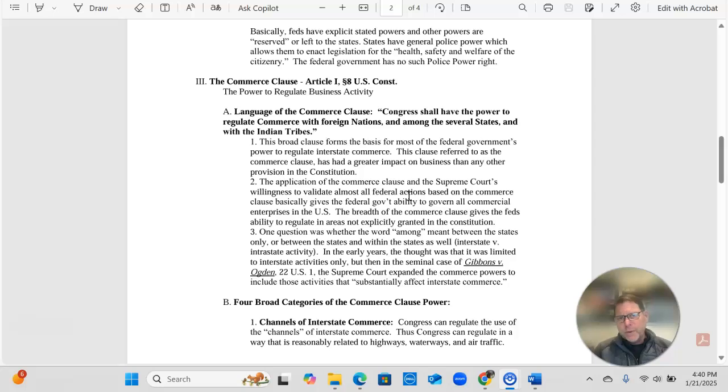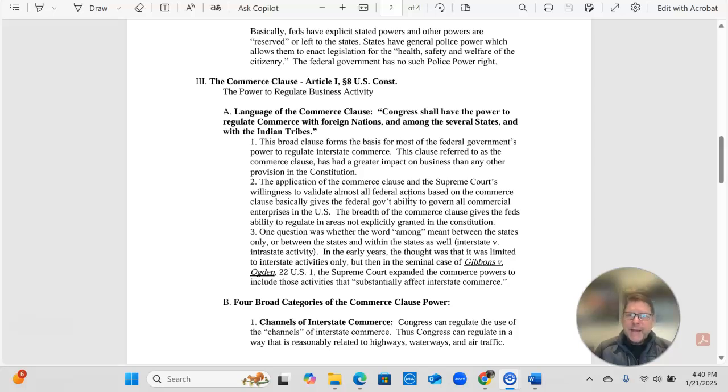I think the Supreme Court has said the broad language of the Commerce Clause allows the federal government to enact legislation as it relates to commerce among the states. And when they define among as both interstate and intrastate activity that in the aggregate would have a substantial impact or effect on interstate commerce, they have really expanded this language. That is not to say they're wrong. I'm just saying that this has really given the federal government power to regulate state activity.